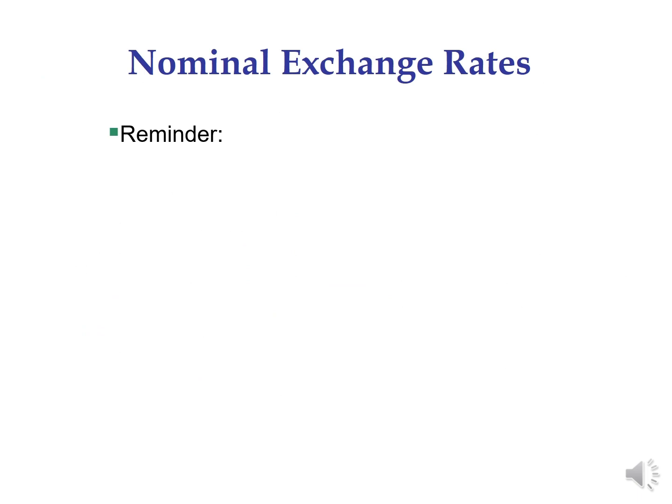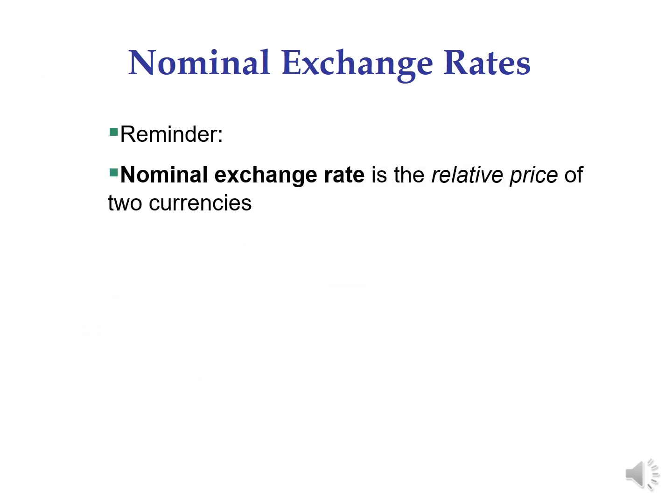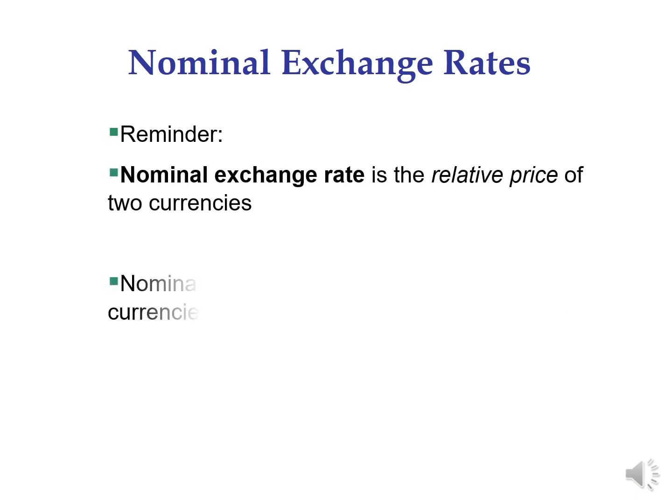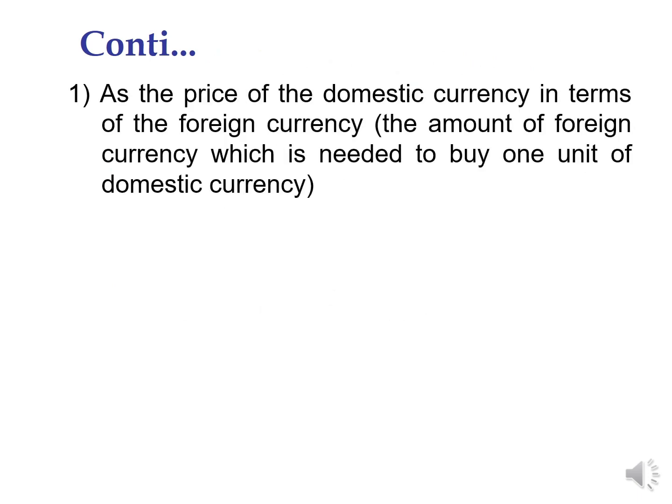Nominal exchange rates. Reminder, the nominal exchange rate is the relative price of two currencies. Nominal exchange rates between two currencies can be quoted in one of two ways. Number one is the price of the domestic currency in terms of the foreign currency, the amount of foreign currency needed to buy 1 unit of domestic currency.